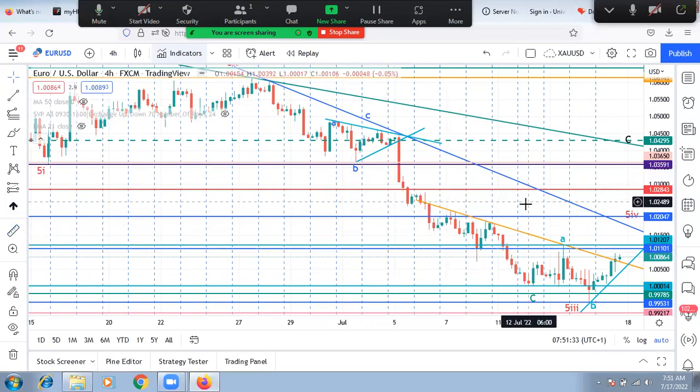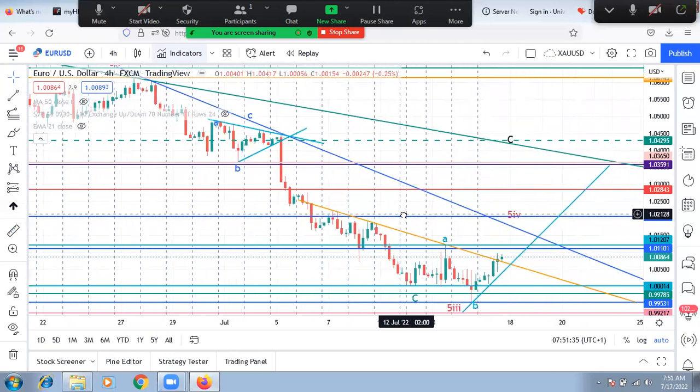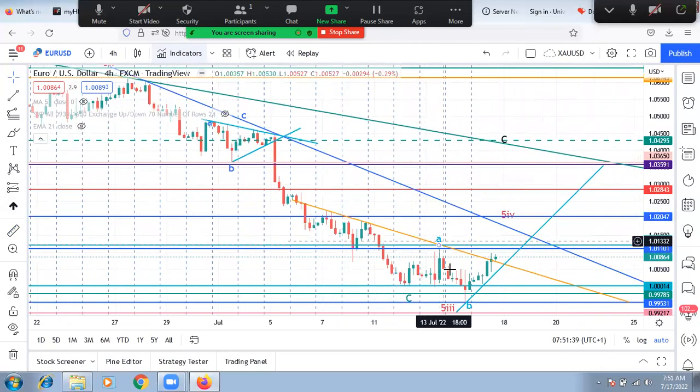So I'm just teaching us what to do. I've analyzed this structure here, and to me, what is unfolding is an expanded flat. That is what is unfolding at this level. So most likely we expect price to still come bearish. Price may come a bit down immediately at the opening of the market, may come a bit down to form a new low.